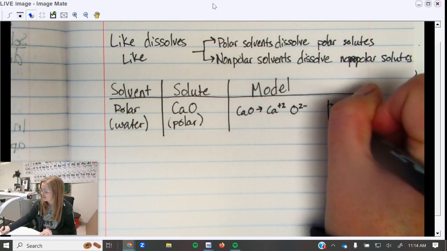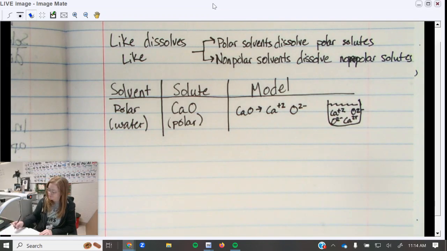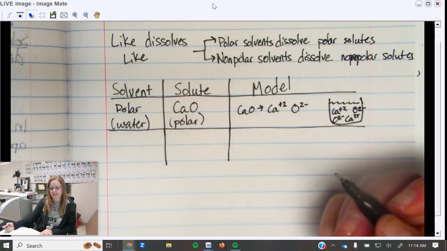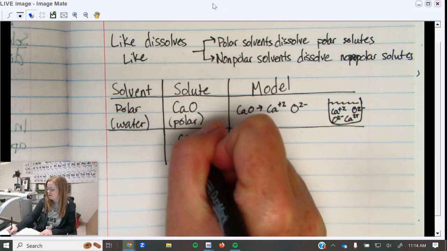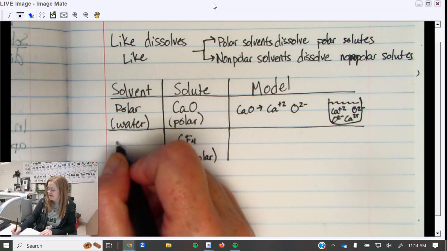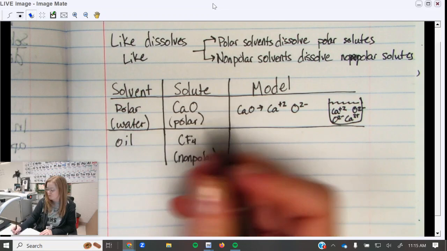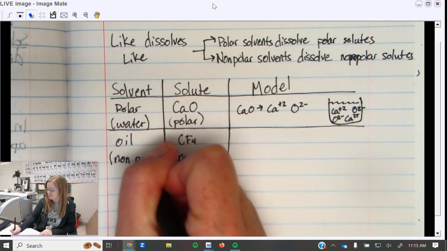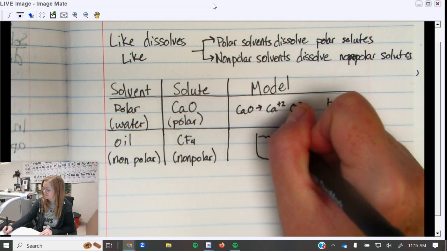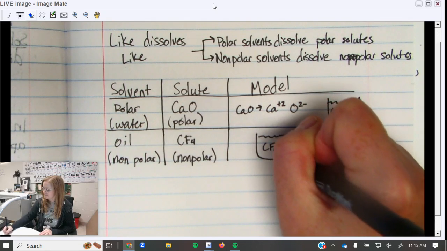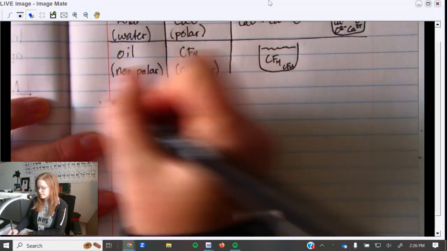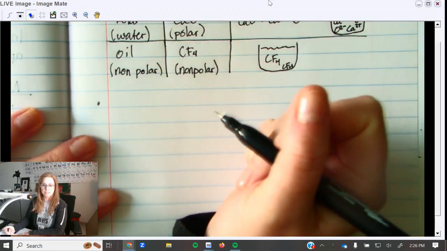So tiny, like that. Whereas if I had something that was nonpolar like CF4, it would need a nonpolar solvent like oil, like vegetable oils are nonpolar. And when it goes into solution in the oil, it's going to stick together like that.